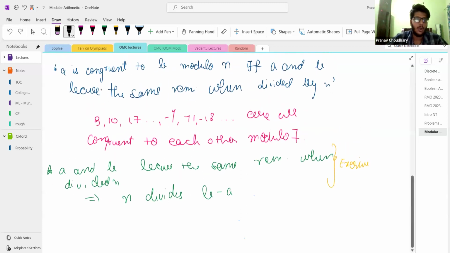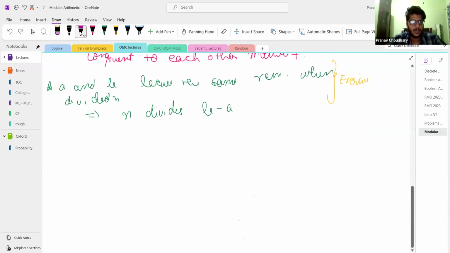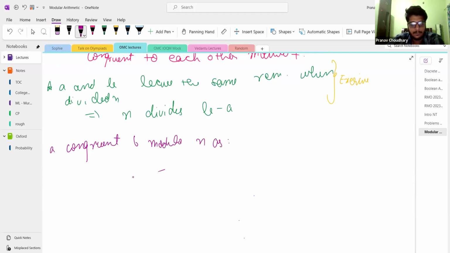Now, this is too long to write: A is congruent to B modulo n. So we'll define a notation for this. I can write A congruent to B modulo n as A ≡ B mod n. This is a notation, nothing else.